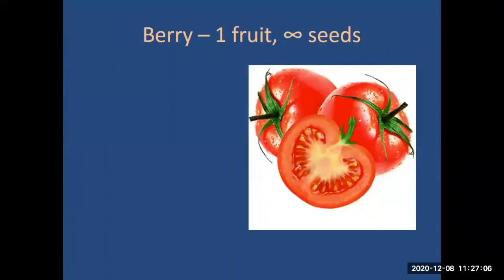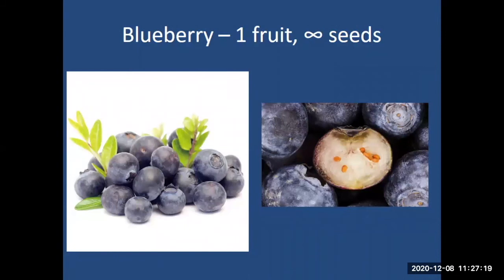Then on to berries. Berries are fleshy fruits. At maturity, they're fleshy or juicy. They have many seeds. The tomato is a very good example of that. The blueberry, very good example of that. Here you can see the little seeds forming in there. You can feel those with your teeth when you eat a blueberry.